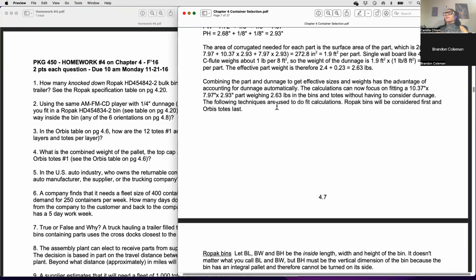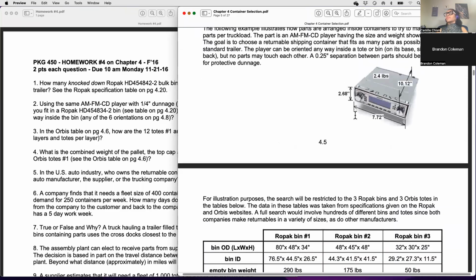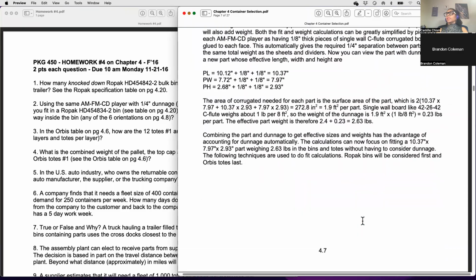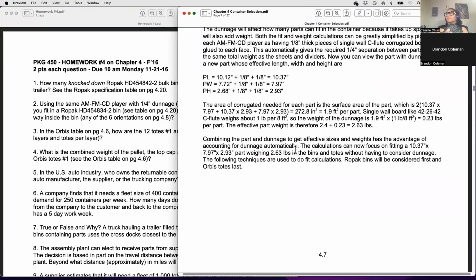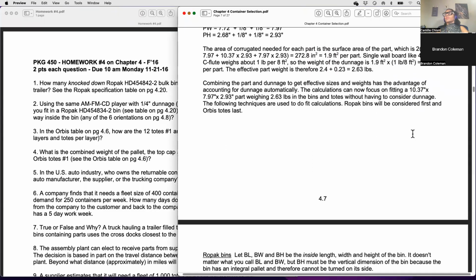So again, instead of asking how do I fit this part that has dimensions of 7.72 by 10.12 by 2.68, now when they're loading it into their container, they're looking at essentially a 10.37 times just under 8, 7.97 by 2.93, which is just under 3. So it can make a difference in what they're using.